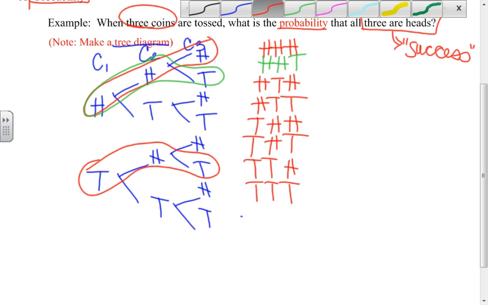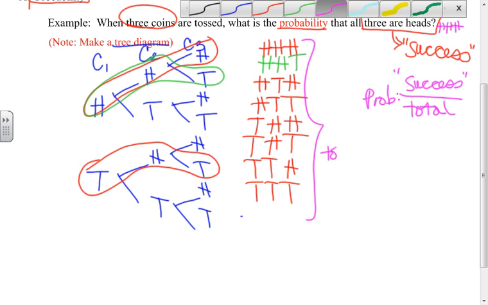Now you might think you could come up with all of these options on your own, but if you don't have some sort of a system, you're likely to forget one or two. You'll miss some combination. Now why do I need them all if I'm only after 3 heads? Because remember, my probability is my success over my total. I have to know how many different possible options there are. This is my total.